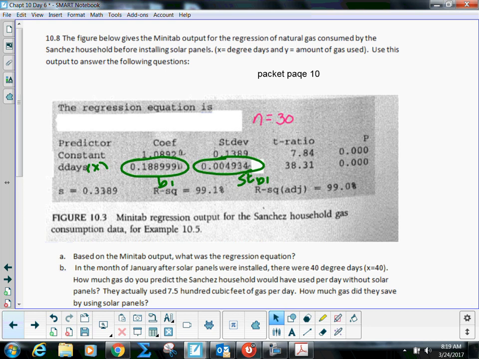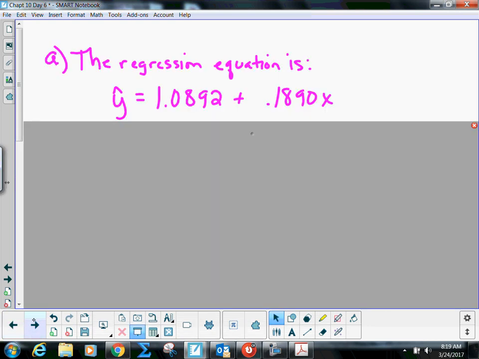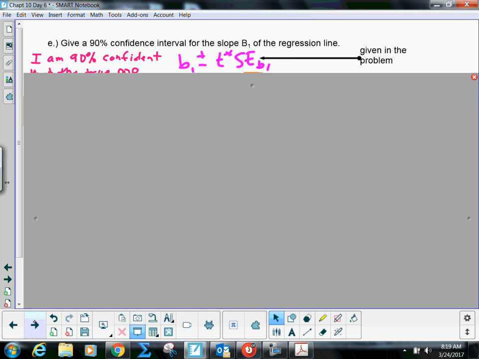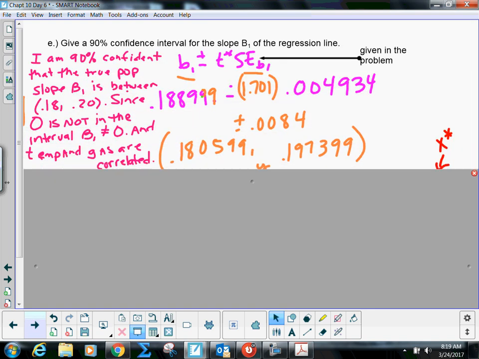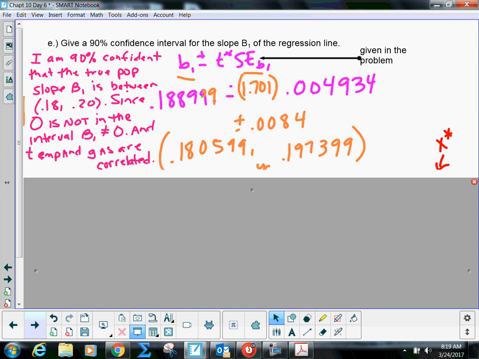Oh, right there in front of my nose. n equals 30. So I got n equals 30, so I look up the degrees of freedom of n minus 2, so n minus 2 is 28. So I got this for a confidence interval. Now, in plain language, it means I'm 90% confident that the true population slope is between 0.18 and 0.2.